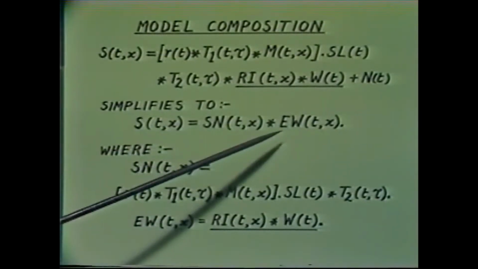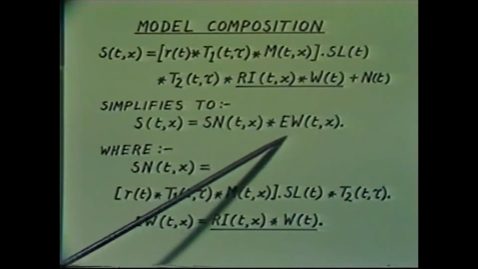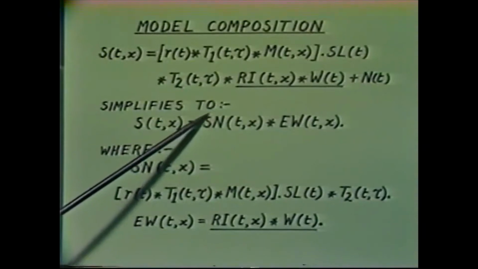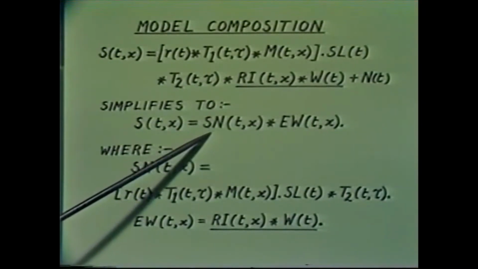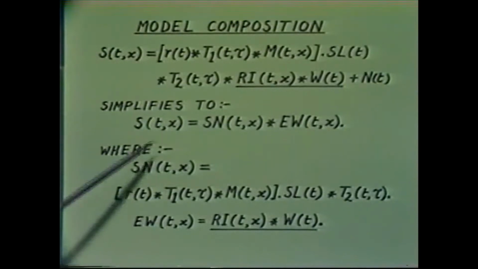Now, the effective wavelet is the part of this equation which we're trying to correct, so that what we're really trying to get is this term, Sn, which, for want of a better word, I've called a kind of synthetic record with which the wavelet is convolved to give the actual field record.